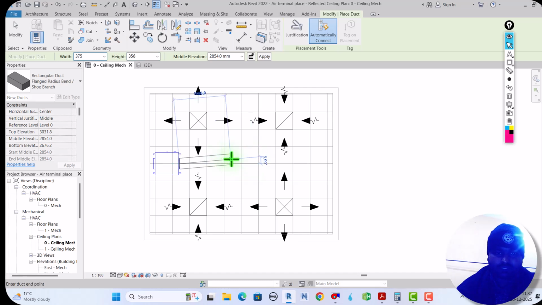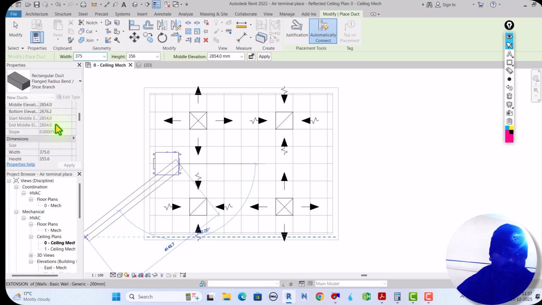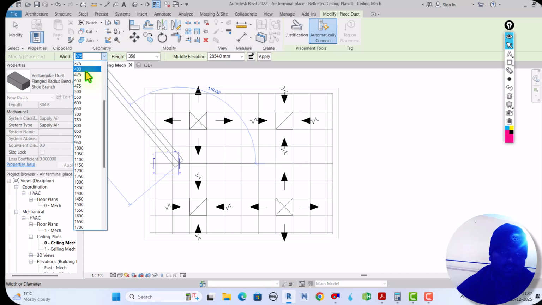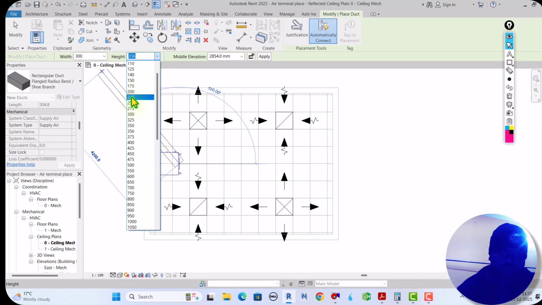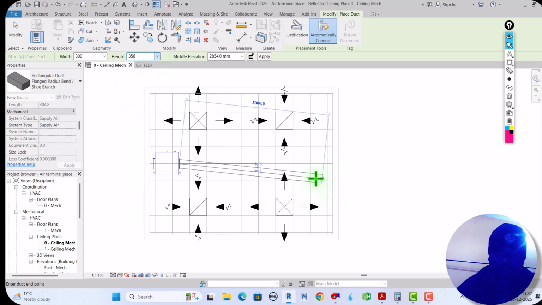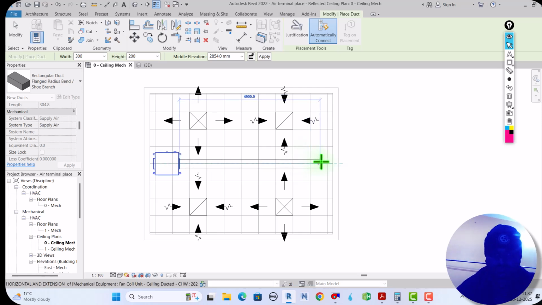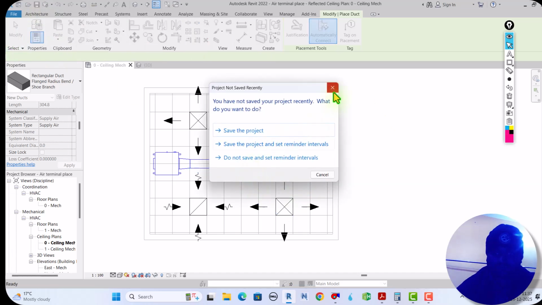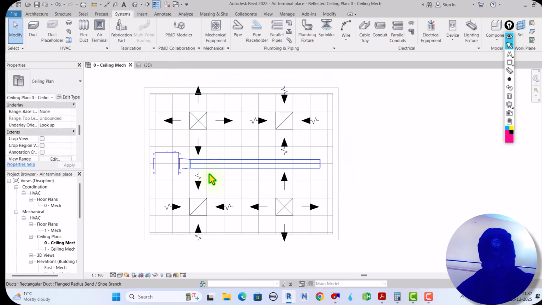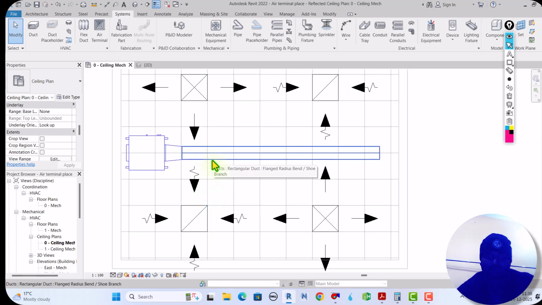So I will take this one, and here the type is supply air, 300 into 200, right? Clear? This main duct.